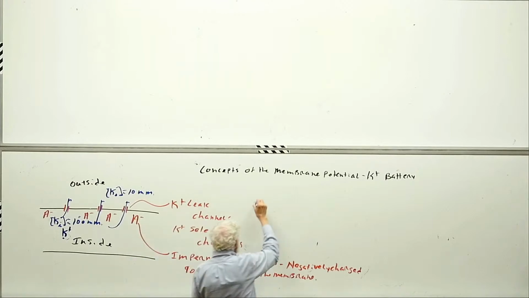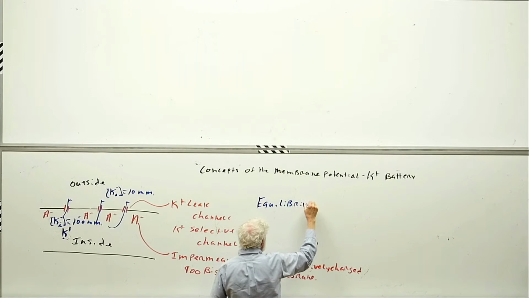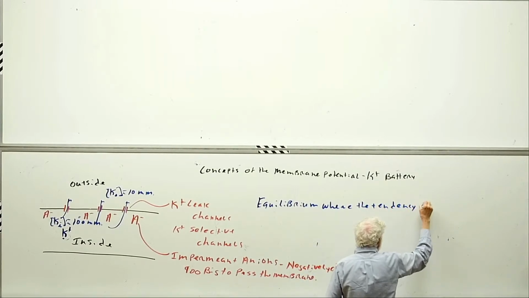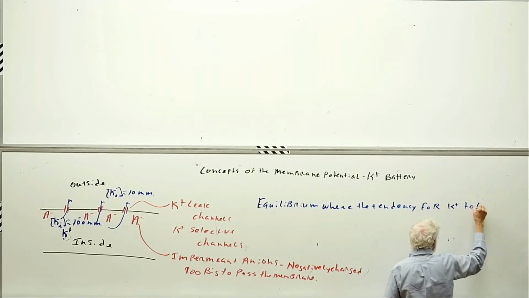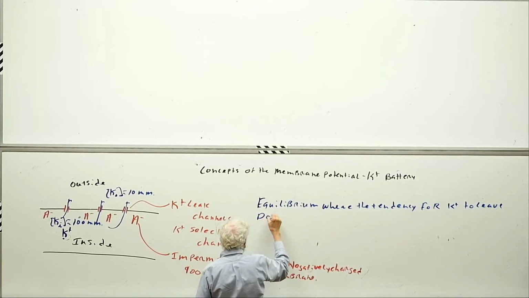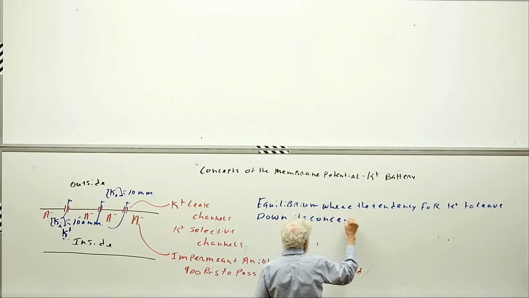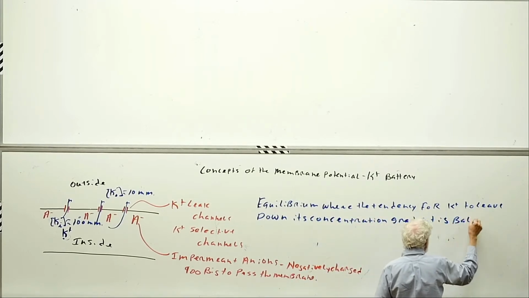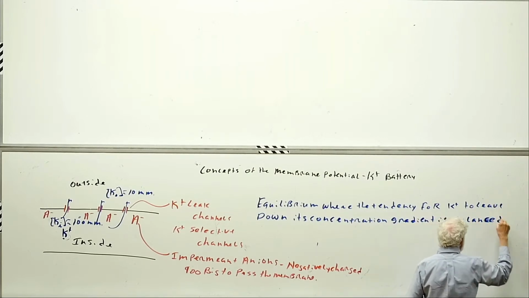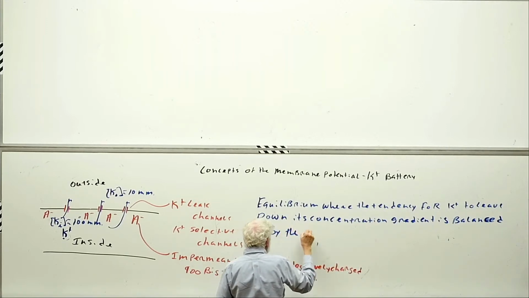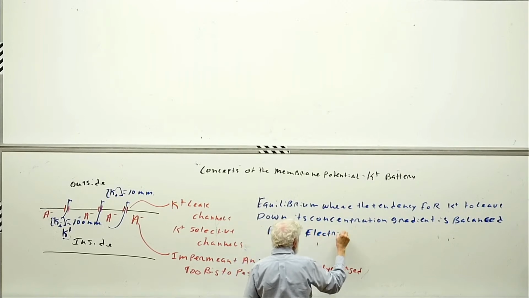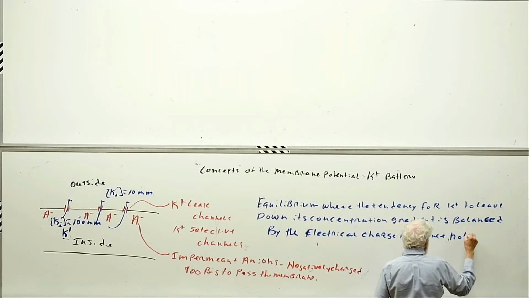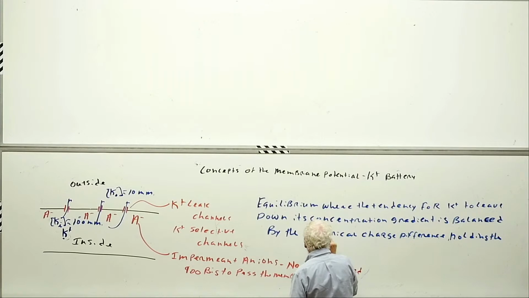We reach a kind of equilibrium where the tendency for potassium to leave down its concentration gradient is balanced by the electrical charge difference holding the potassium ion in place.